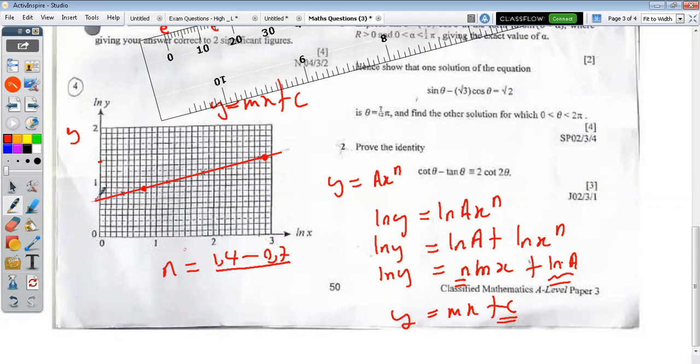Divided by, I'm using this point and that point, what is the x coordinate here? 2.9 minus 0. So that becomes 0.7 divided by 2.9. Then you use a calculator. That will be your value of n.